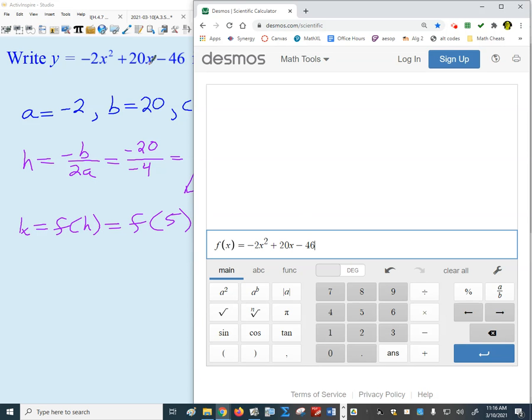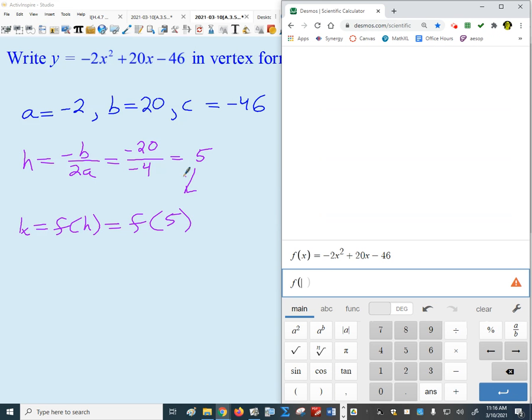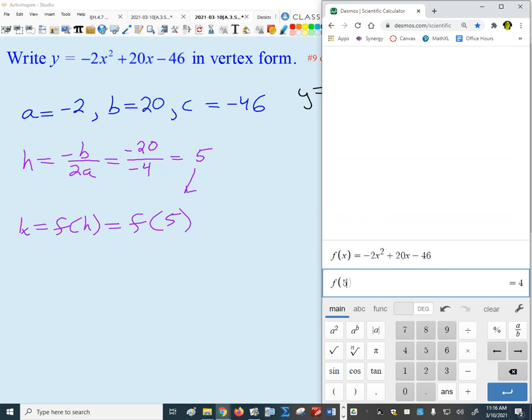There's the function that I'm using to calculate k. Go down to the next line, and I'm just going to input f of what? Well, 5 in this case, right? Because I figured out that my value of h is 5, so that's what I'm plugging in. So f of 5 equals 4, and that's my answer.